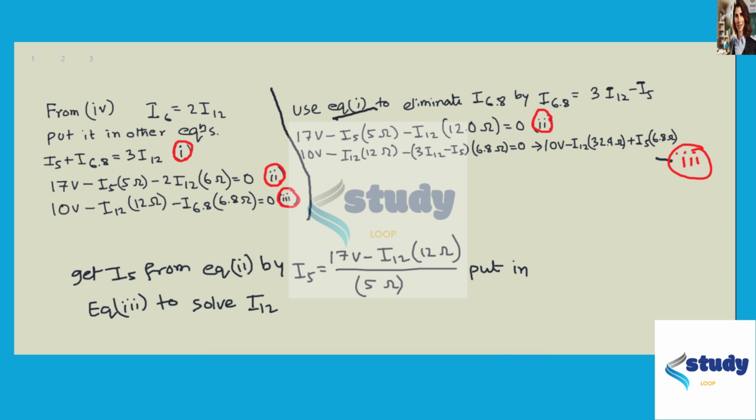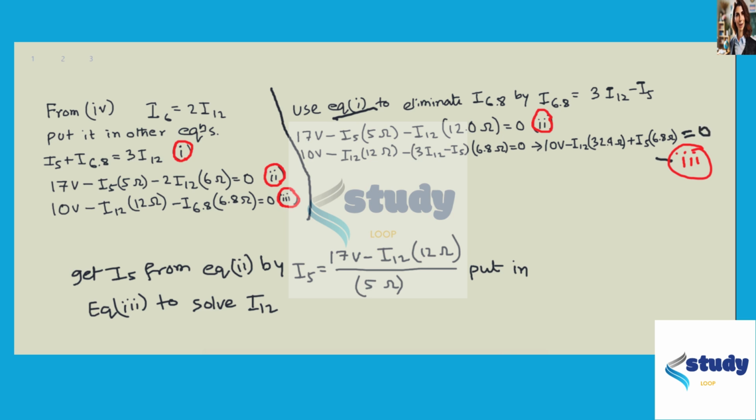We're eliminating I6.8 from the first equation, so we're writing it in terms of I12 and I5. Right, if we substitute back into equations 2 and 3, we get these two following expressions. And okay, so this thing is going to be 0.